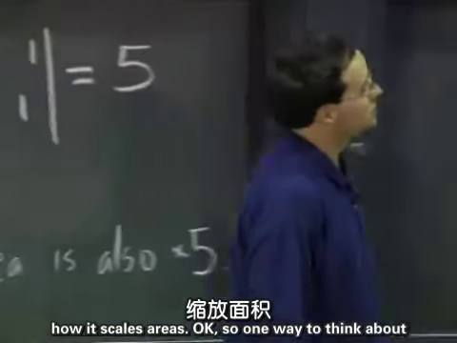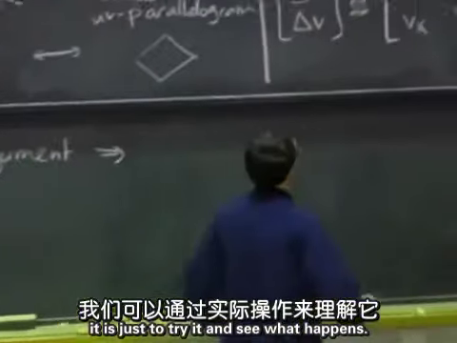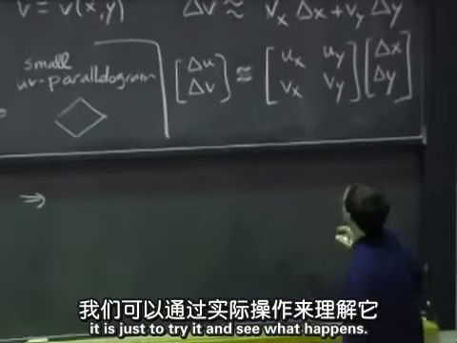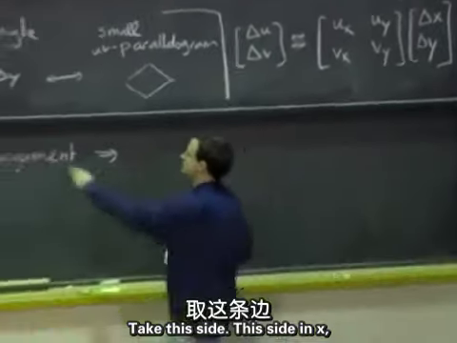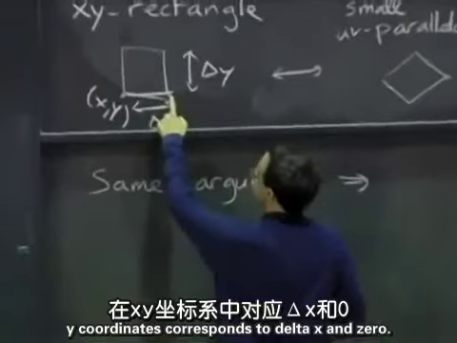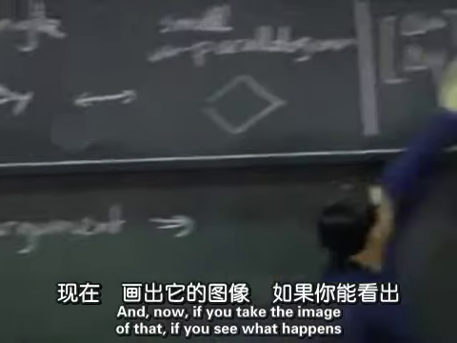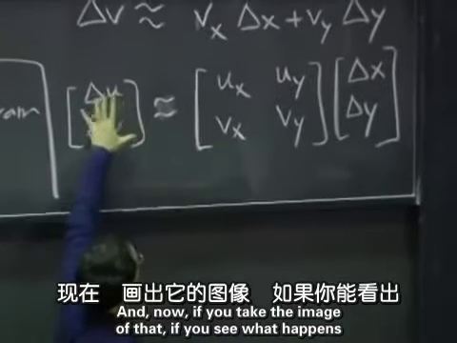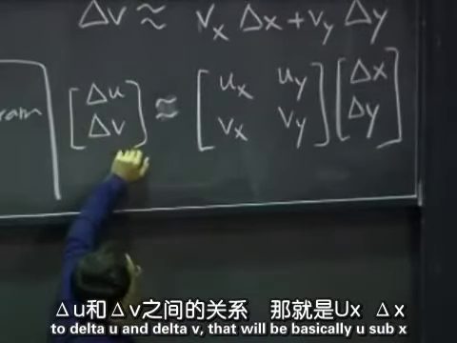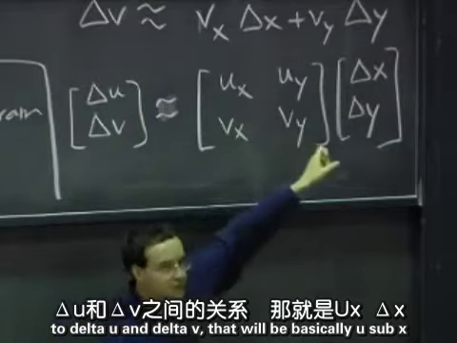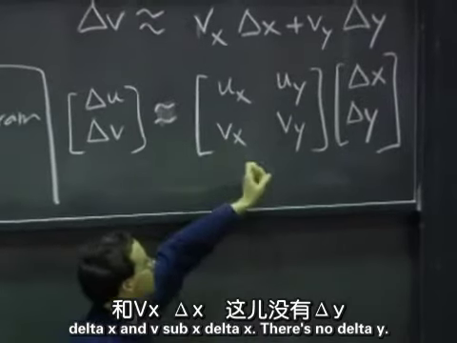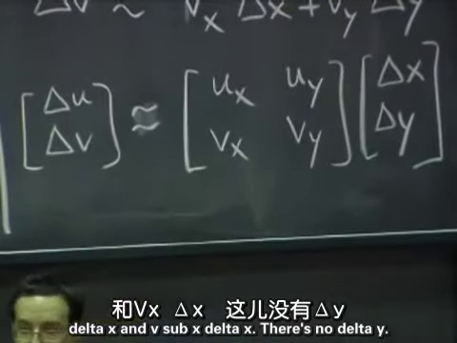Okay, so one way to think about it is just to try and see what happens. Take this side. This side in xy coordinates corresponds to delta x and 0. Now if you take the image of that, if you see what happens to delta u and delta v, that will be basically u sub x delta x and v sub x delta x. There's no delta y.